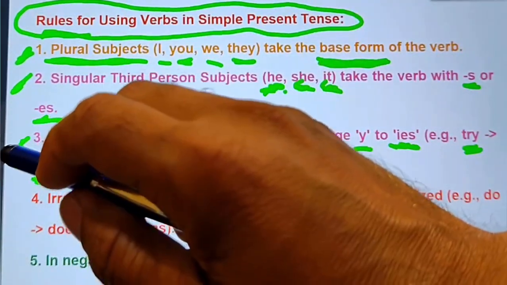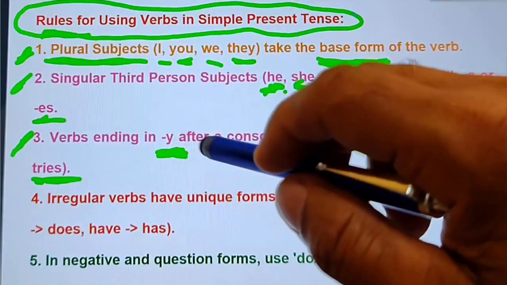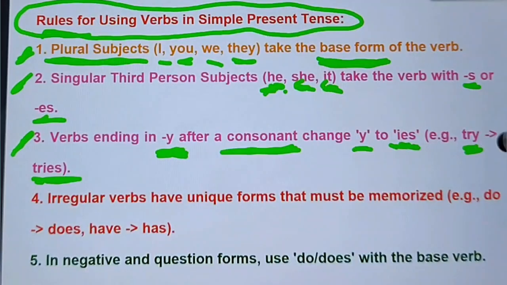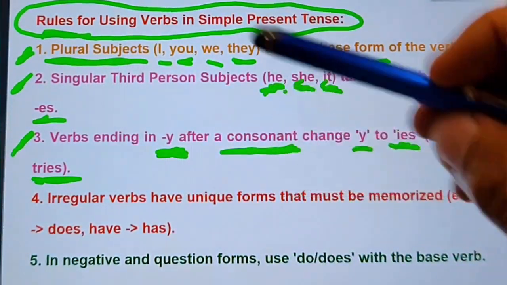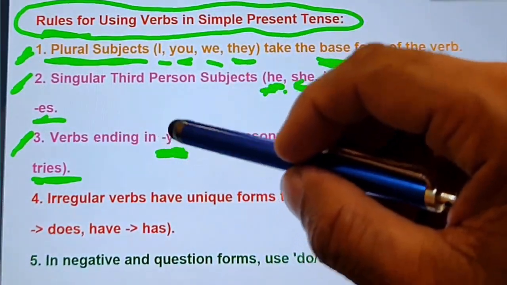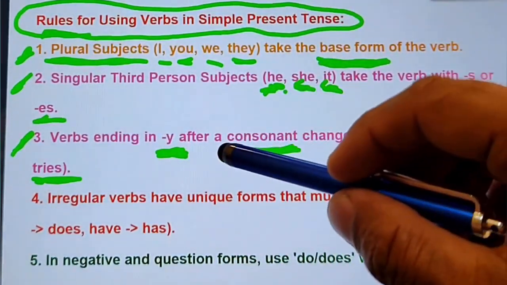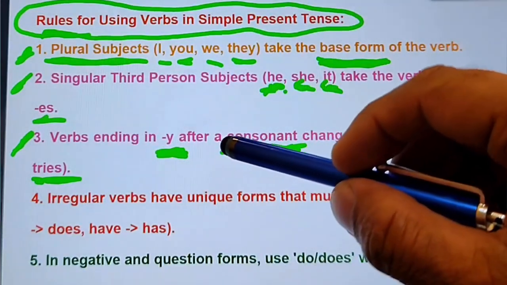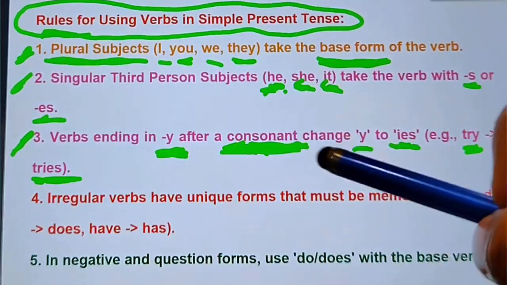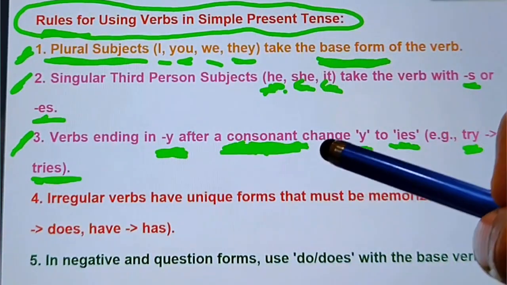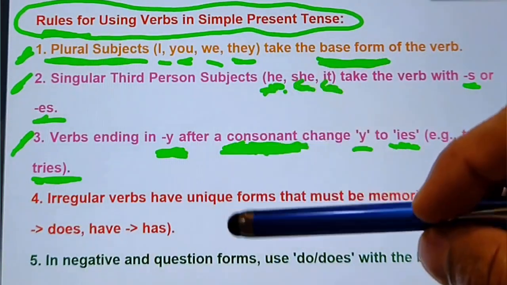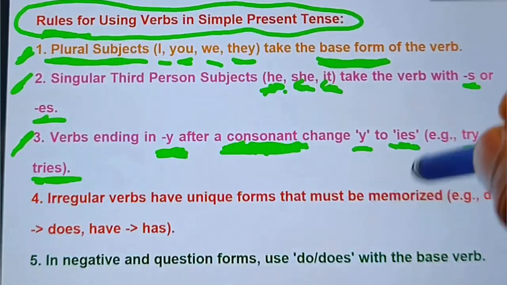Third rule here, verb ending in y after a consonant, change y to i and add es, that is try going to tries. Here, when a verb ends in y after a consonant, what is a consonant? A consonant is an English alphabet letter other than a vowel. Vowels are a, e, i, o, u. Other than these, letters are consonants in the English alphabet.